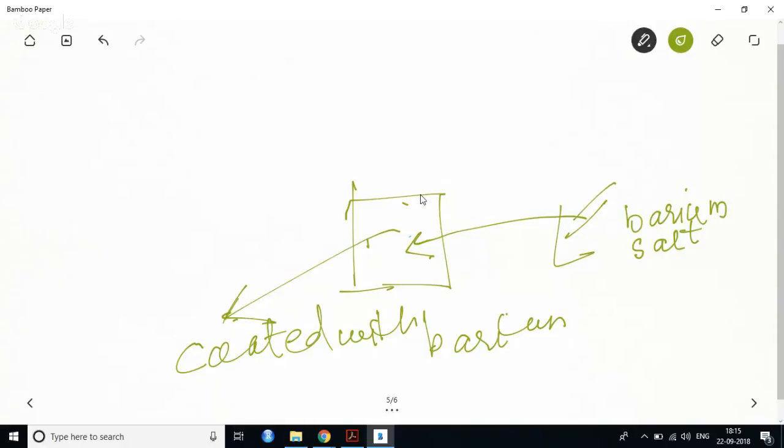He was astonished to see that this screen was glowing when the cathode ray tube was active. Whenever the cathode ray tube was active, the screen was glowing; whenever it was not active, the screen was not glowing. Finally he wrapped it with black paper.